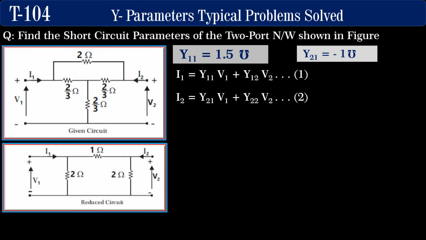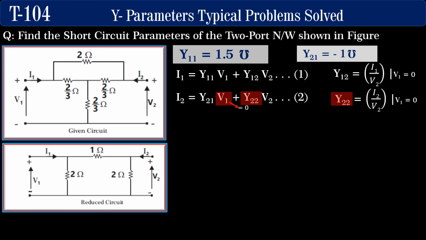Now, to find y12 and y22, we know y12 is equal to I1 upon V2 when V1 is equal to 0, and y22 is equal to I2 upon V2 when V1 is equal to 0. It means to find y12 and y22, we have to force V1 is equal to 0.